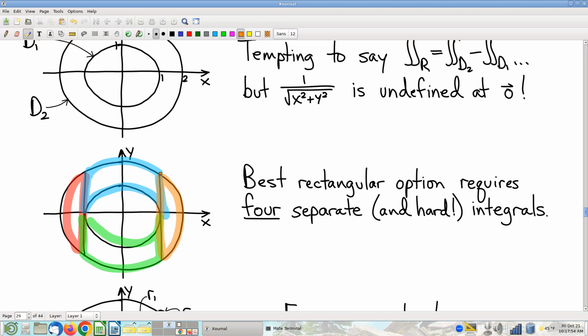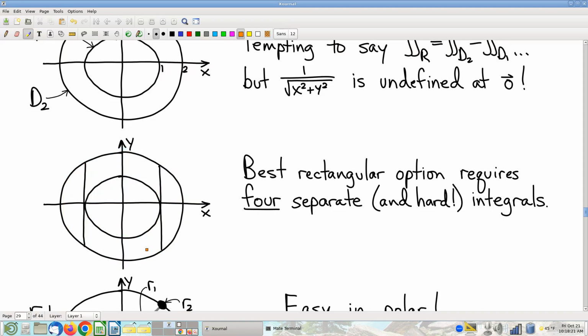Furthermore, if you're doing this in rectangular coordinates, all the curved edges are going to give you square roots in your bounds, which means eventually square roots in your integrals. That means this is 4 ugly integrals, so also very undesirable.